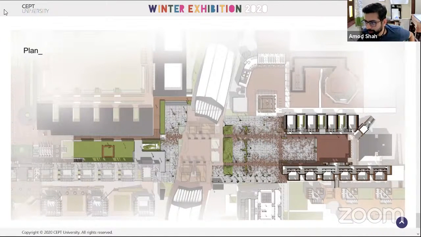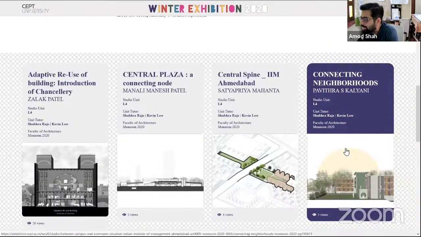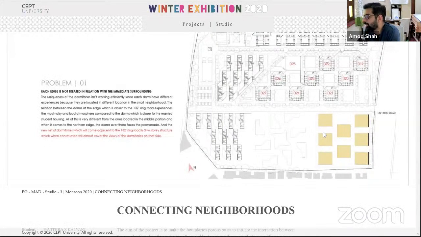Then we moved on to how the residential neighborhoods within the campus function, and they become clusters of independent activities.